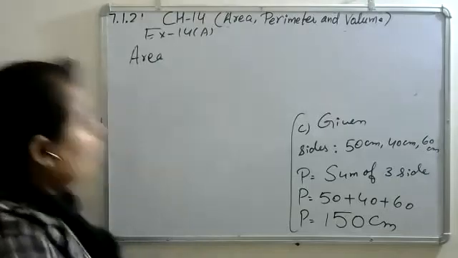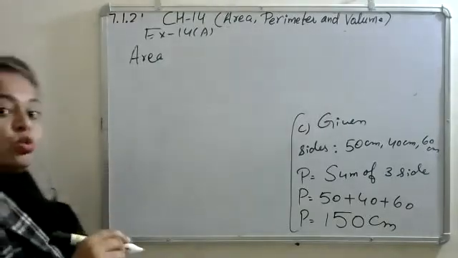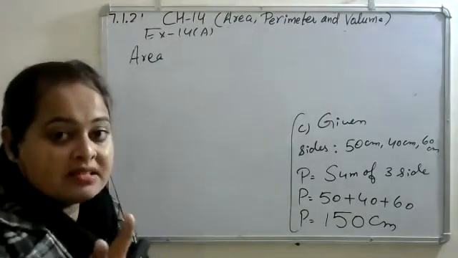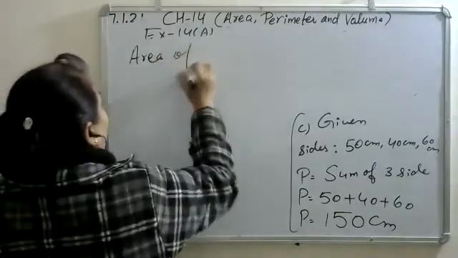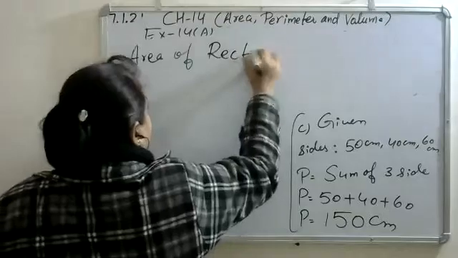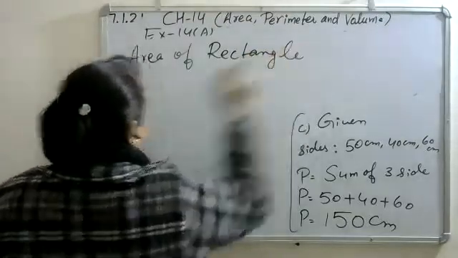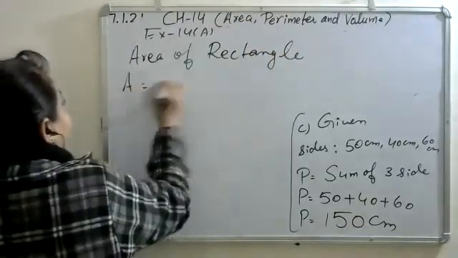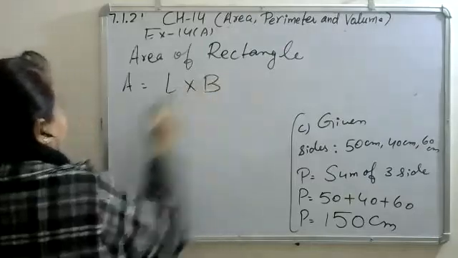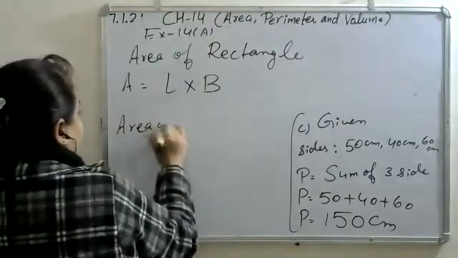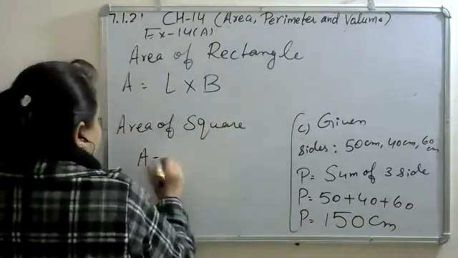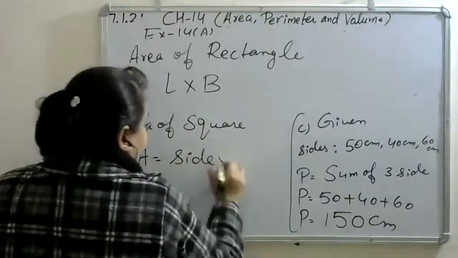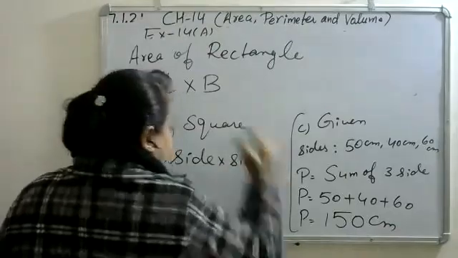Now, in your syllabus, you have two parts, square and rectangle. So, area of rectangle is length into breadth. Area of square is side multiplied by side.